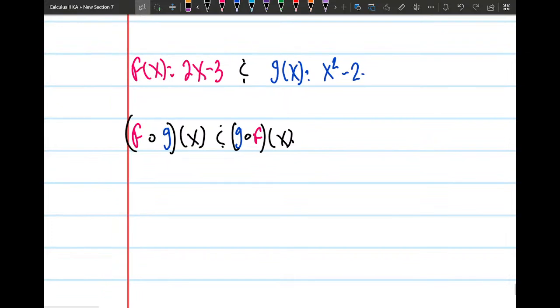So for f composed of g of x, we're literally going to say f bracket g of x.